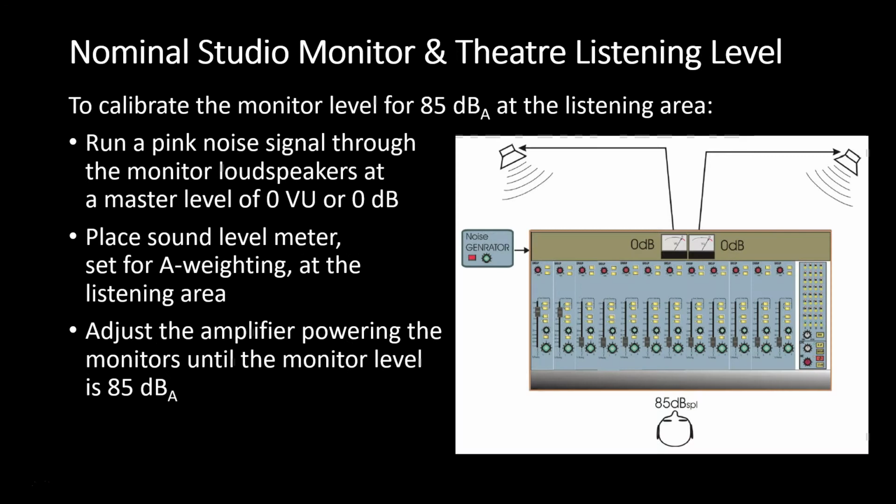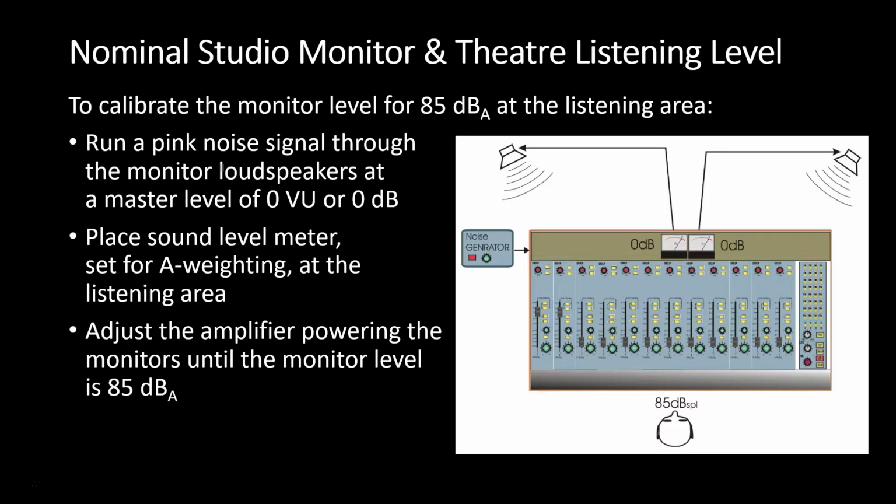So here is basically how you would calibrate a sound system. You'd have a noise generator that generates pink noise into the system at a master level of 0 dB VU, or 0 dB with the VU standard.